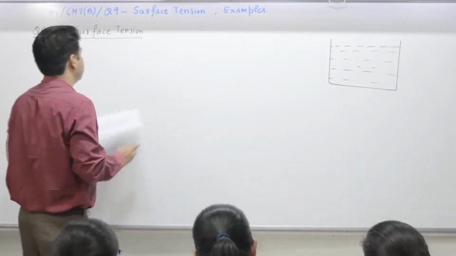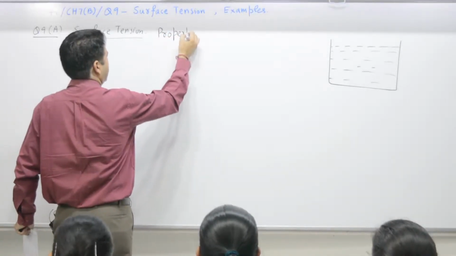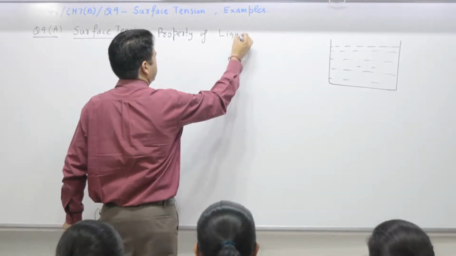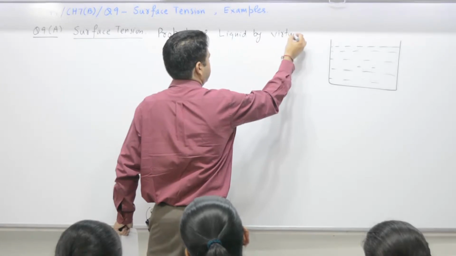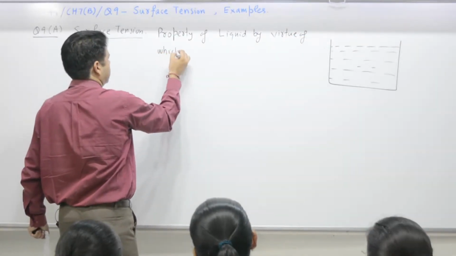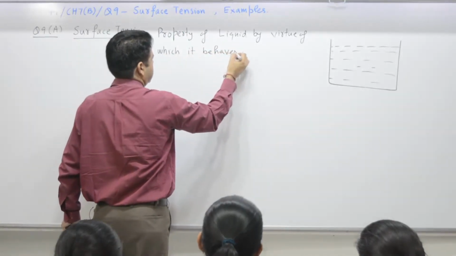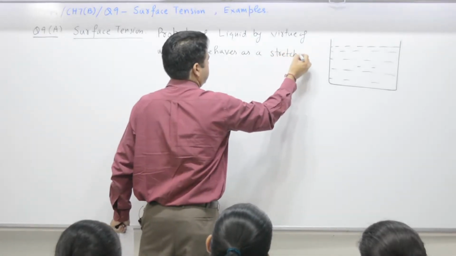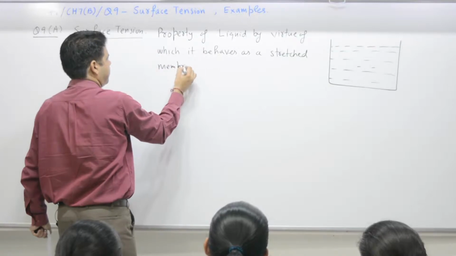Surface tension is a property of liquid by virtue of which it behaves as a stretched membrane.